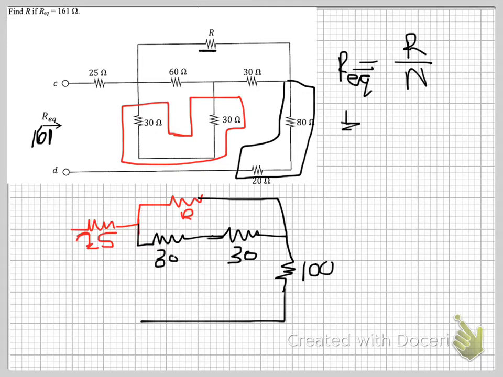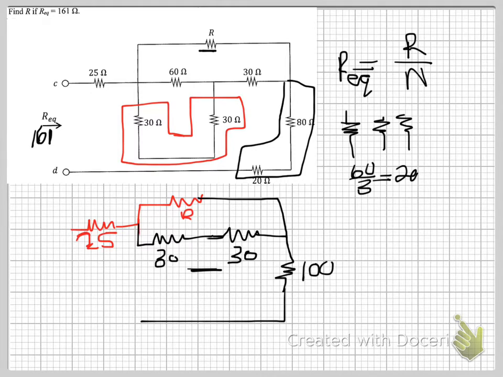Like if you had 3 of them in parallel, then the equivalent would be 20, because 60 divided by 3 is 20. And here we have 2 of them in parallel, so 60 divided by 2 is 30. Or you could have done it the old-fashioned way of writing them in parallel. Okay. And then now you have these two in parallel, in series.